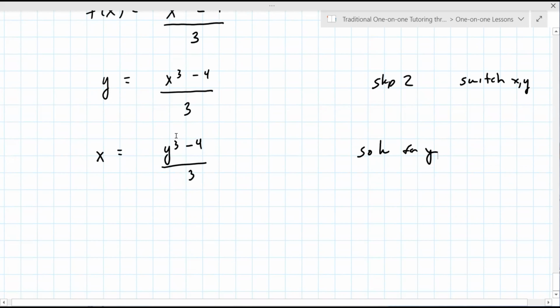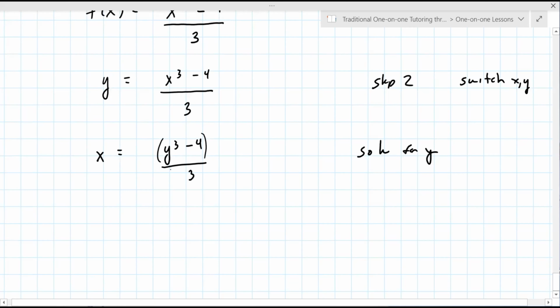So what's the first step here to solve this for y? What do you need to undo first? You need to undo the -4. You might think that because you're used to getting rid of addition and subtraction first. The numerator is actually in parentheses, so you undo division by 3.